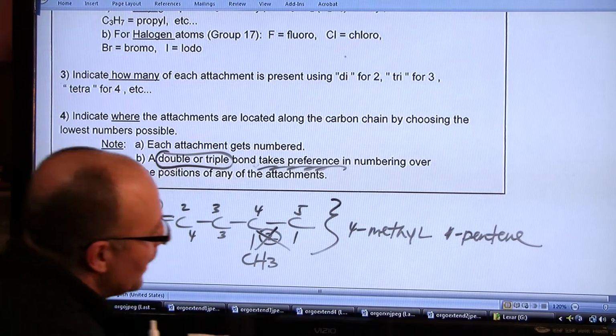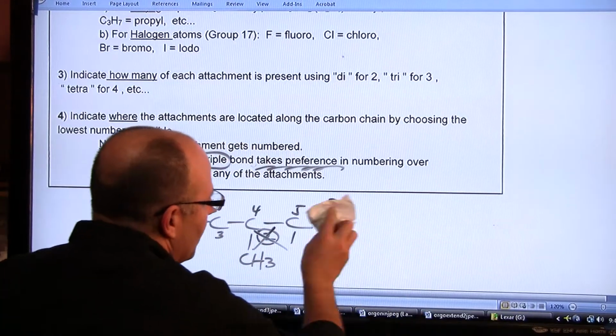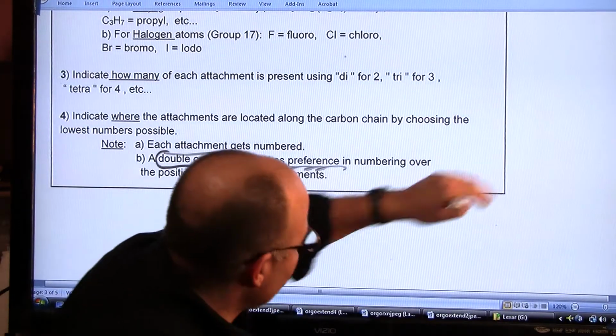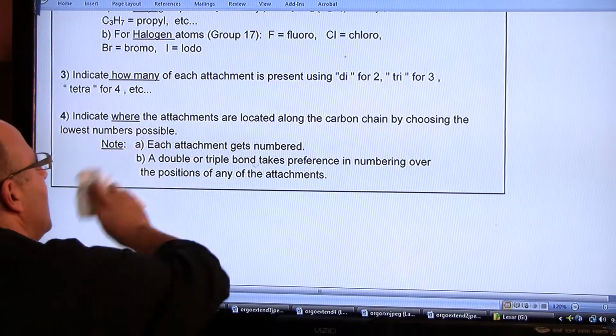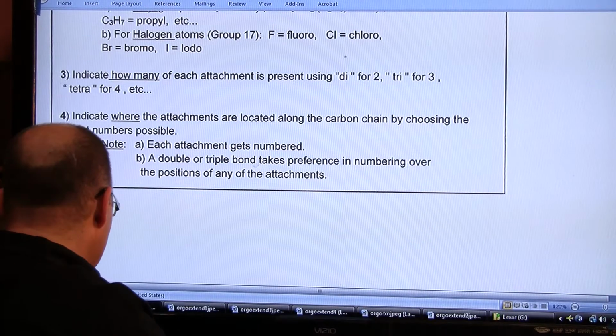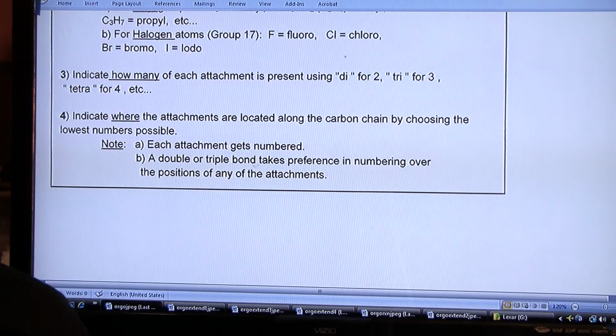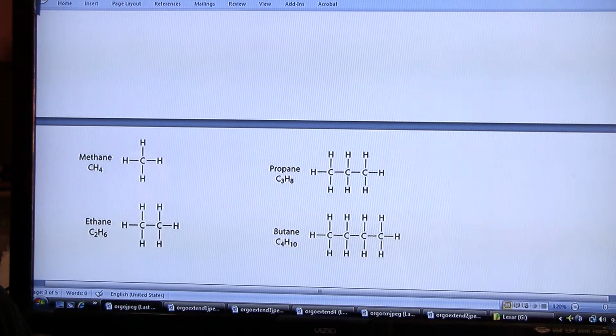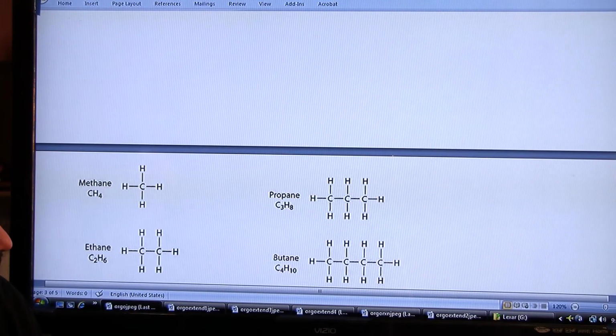Okay? Then, before we finish, on your notes there, you should see that to the right of this text box, there are the first 4 members of the alkane family, which on the slide here, I decided to do horizontally to save space.